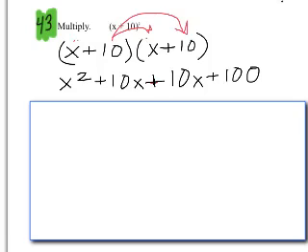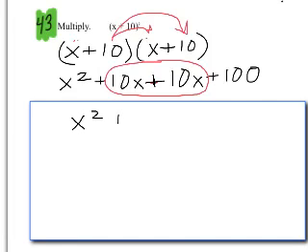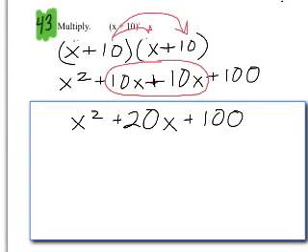So we combine like terms, and we only have two like terms, and we get x squared plus 20x plus 100. And you see when you take a binomial to the second power, you square the first term, you square the last term, and then you have the first term times the last term doubled. But you don't have to remember that. It's easy enough to multiply the whole thing out.